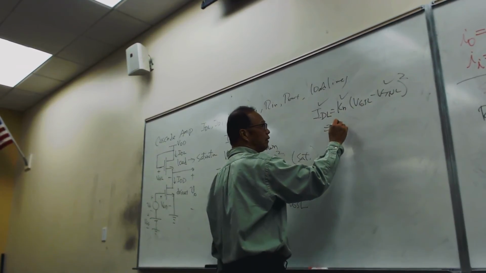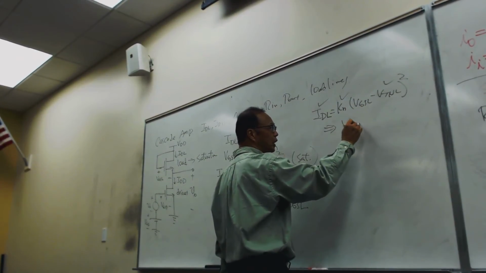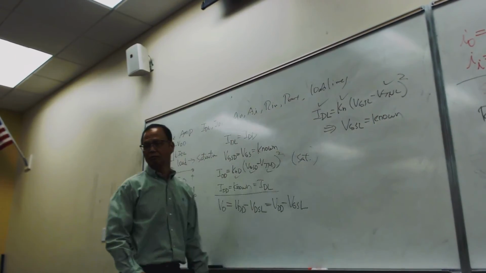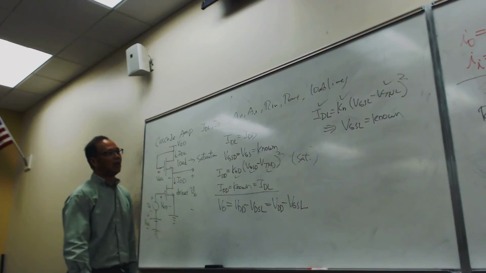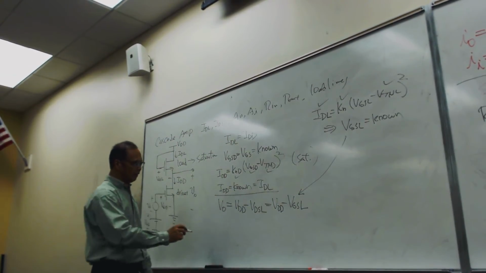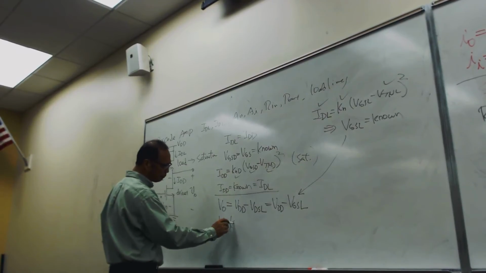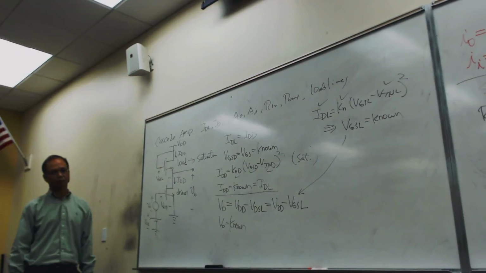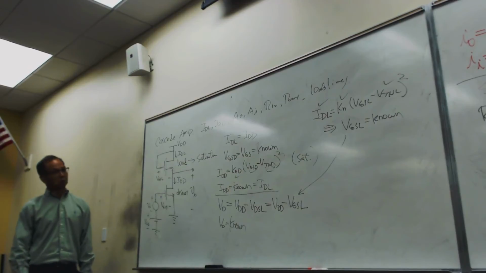Therefore you can find out what is VGSL. So this will become known. And then you put it here, right? Then V sub O becomes known. I know it's a little bit confusing without the numbers, huh? Maybe not.